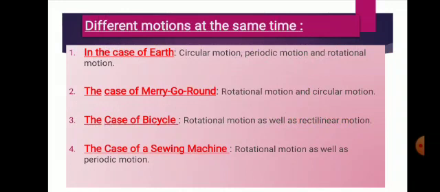The Earth repeats its motion around the Sun after a regular interval of time, that is 1 year, so it has a periodic motion. And the Earth rotates on its axis, so it also has rotational motion. Thus the Earth has three types of motion at the same time: circular motion, periodic motion, and rotational motion.